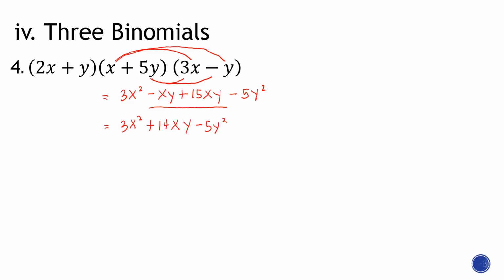And if you remember what I did earlier, the way I will set up the problem is going to be something like this. So 2x and y, and then I'm going to put 3x squared plus 14xy minus 5y squared, like this.